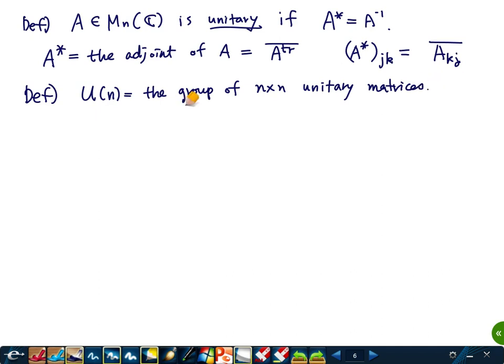In fact, we don't know just yet if this is really a group. As I said, this is well defined, but is this really a group? Let's check. Proposition: yes, it is a group.